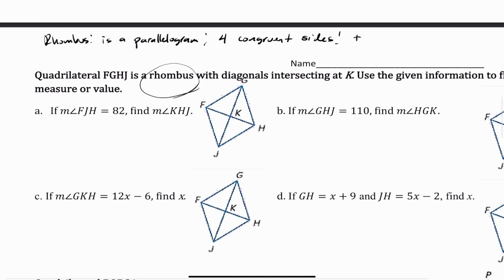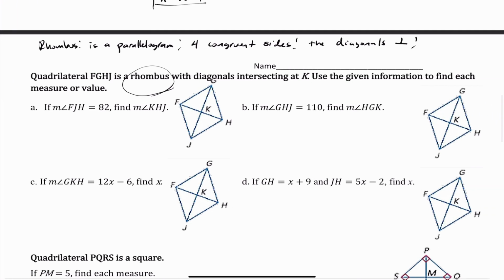The diagonals are perpendicular, and the diagonals are angle bisectors. So these are the properties of a rhombus you should know.